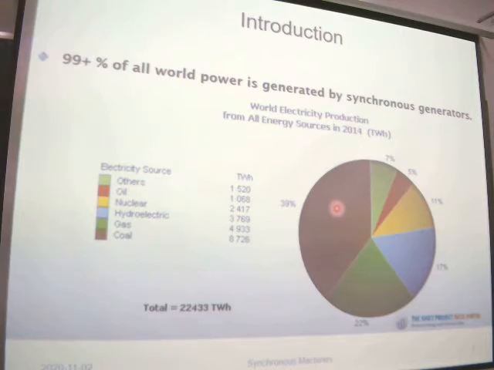So in China, about 50% of the electricity is generated by coal. So we can't see the sun so clearly every time.